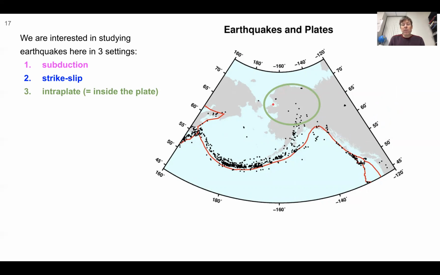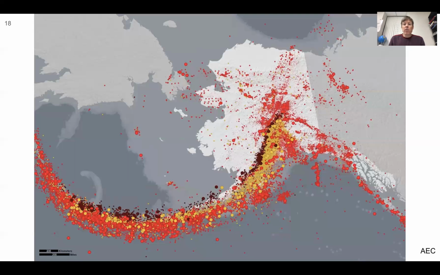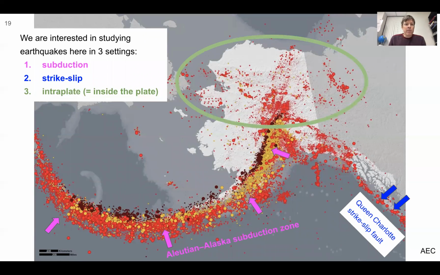When we look at smaller events, though, as we'll see next, there are tons of earthquakes in Alaska. This is showing the dark ones are the deeper ones, the yellow ones are less deep, and the red ones are shallow. Again, here are the 3 different settings. Subduction zone here, that's the dominant earthquake maker in Alaska.